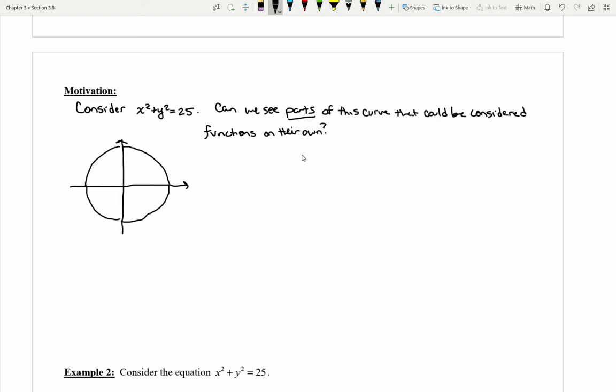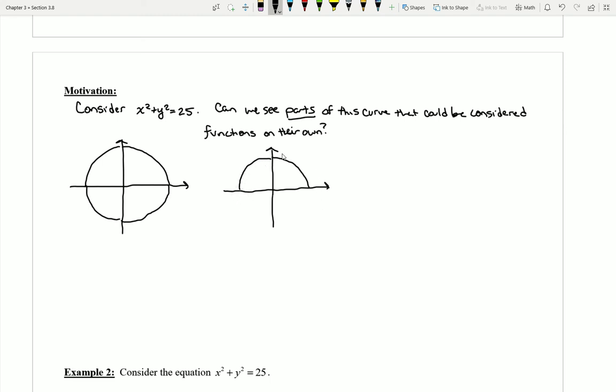Okay, let's take a look. Keeping this particular curve in mind, I'm going to think about sketching different portions of that curve that I could actually state are functions. I'm looking right now for, are there any functions hidden inside of this circle? Well, one thing that might jump out to some of you right away is to say, what if I only looked at the top portion of the circle?